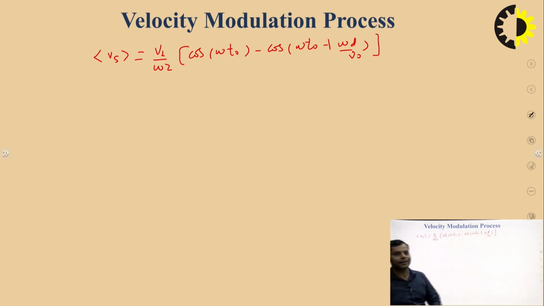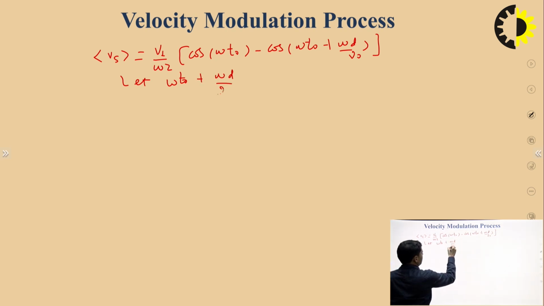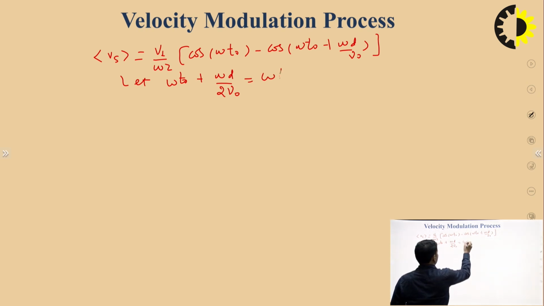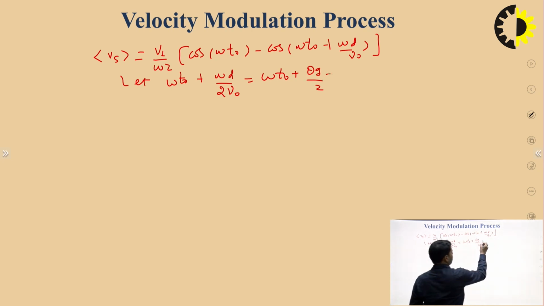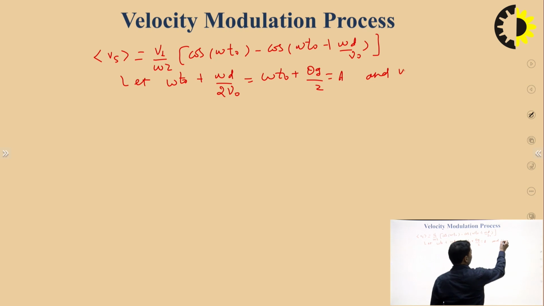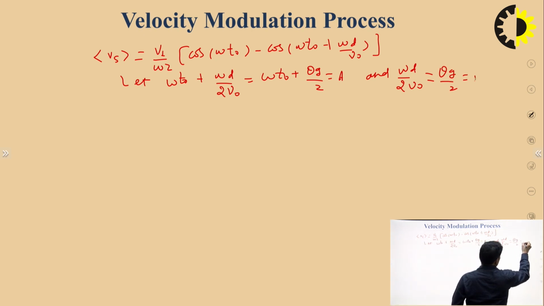Now we can arrange it into another form. For the arrangement, we just consider omega t naught plus omega d by 2 V naught, which is omega t naught plus theta g by 2, equal to a, and omega d by 2 V naught, which is theta g by 2, equal to b.